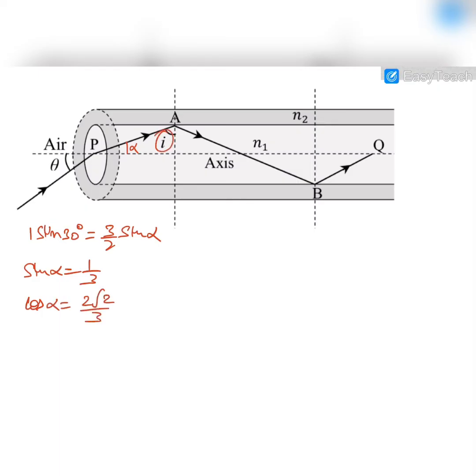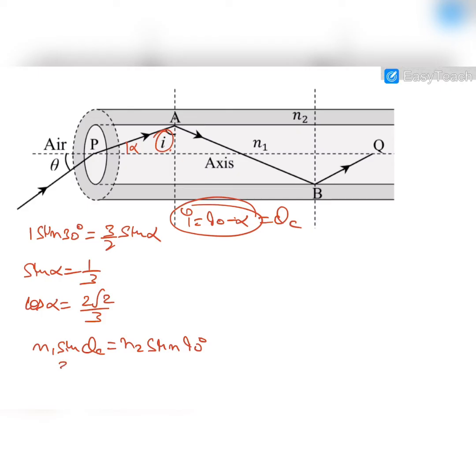So this angle i will be equal to 90 minus alpha. So for TIR at this point, this should be the critical angle, theta C, and we can write n1 sine theta C should be equal to n2 sine 90, because at the critical angle theta C, the emergence angle should be 90.